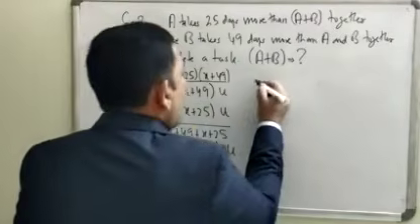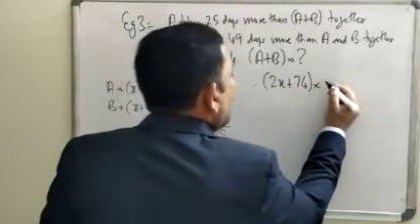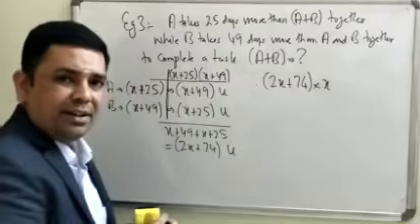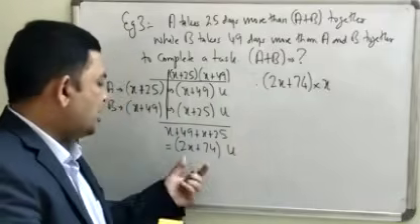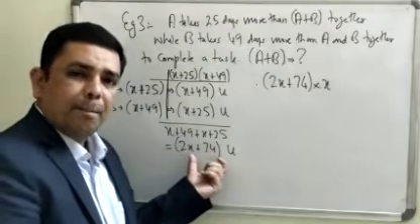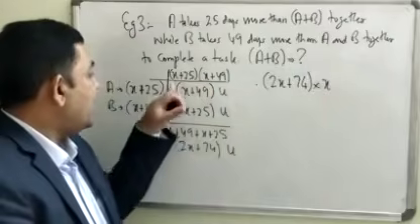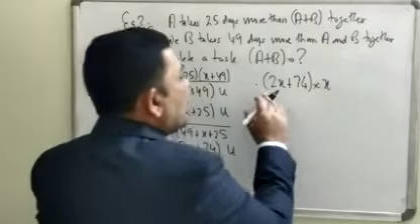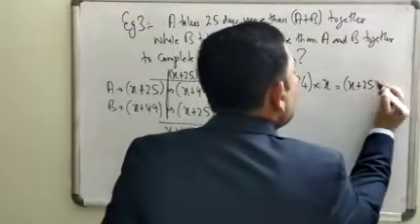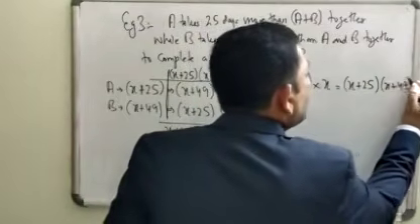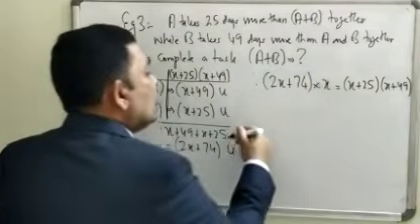Therefore, can I say that 2X plus 74 multiplied by X, please understand this carefully, 2X plus 74 is the per day's efficiency multiplied by X, because we have taken that they'll do it in X days. So 2X plus 74 multiplied by X should be equal to X plus 25 into X plus 49, the total work. Correct?